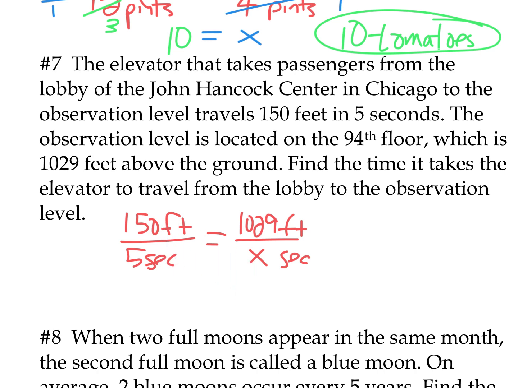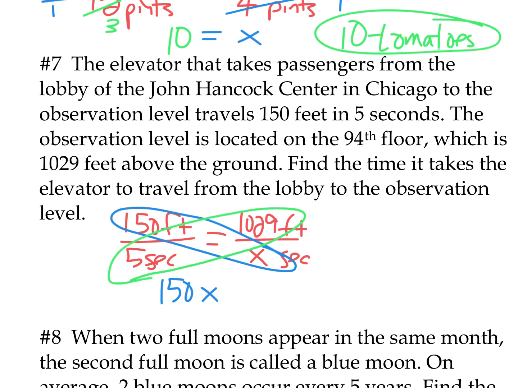So I can take the cross products. 150 times x is 150x, okay? And that's equal to 5 times 1,029. So cross products, remember they're called cross products because we're multiplying, in this case 5 times 1,029, that gives us 5,145.